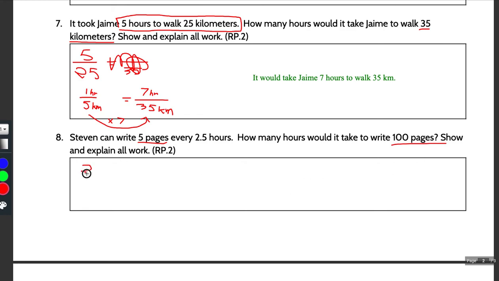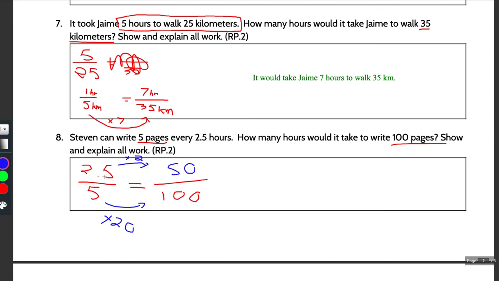So I will just make a ratio as a fraction here, 2.5 to 5, right? This is hours over pages, and I have 100 pages, so I want 100 pages. And hey, this looks just like the percent ones, right? 5 times 20, 2.5 times 20 is 50.